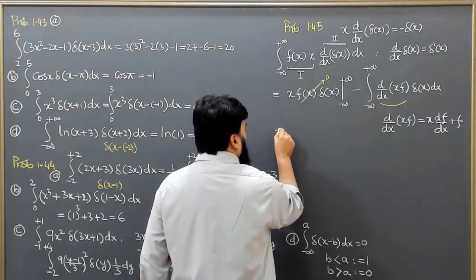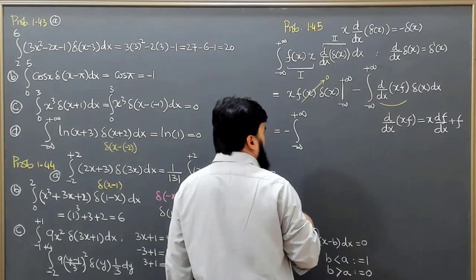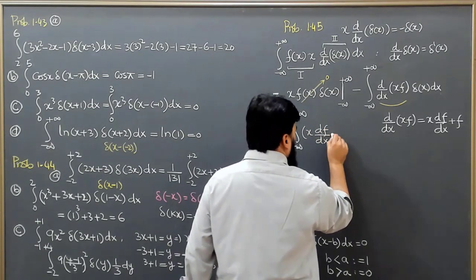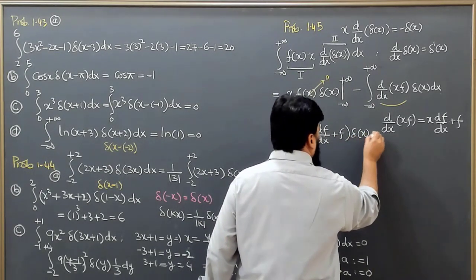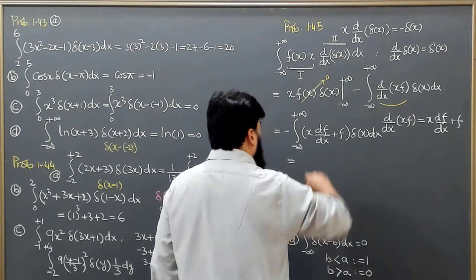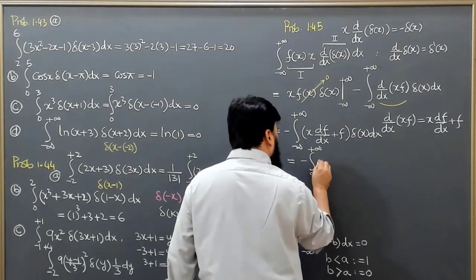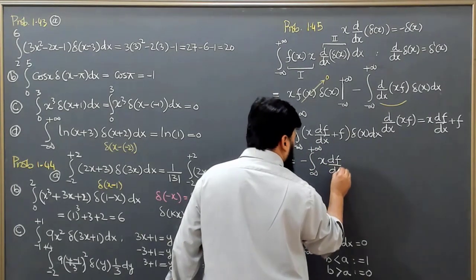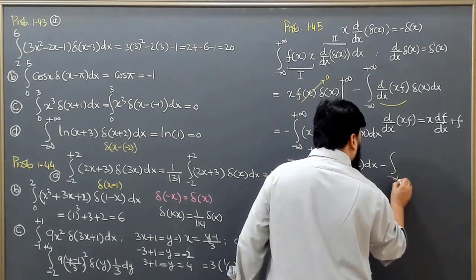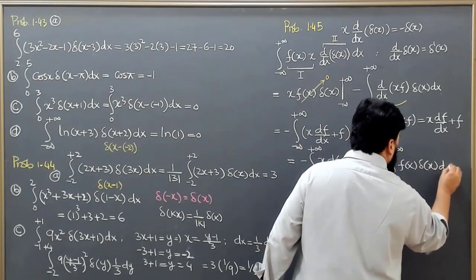So I can write minus the integral from minus infinity to plus infinity of x df over dx plus f, times delta of x, dx. Solving this, it will be minus the integral from minus infinity to plus infinity of x df over dx delta x dx, minus the integral from minus infinity to plus infinity of f of x delta x dx.